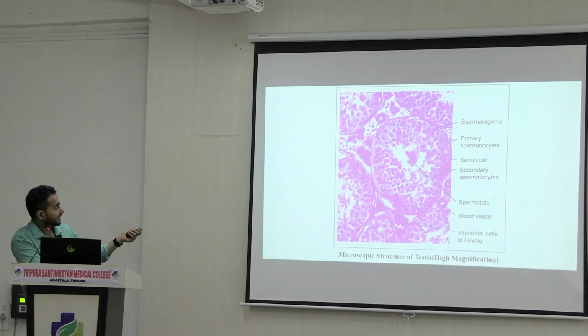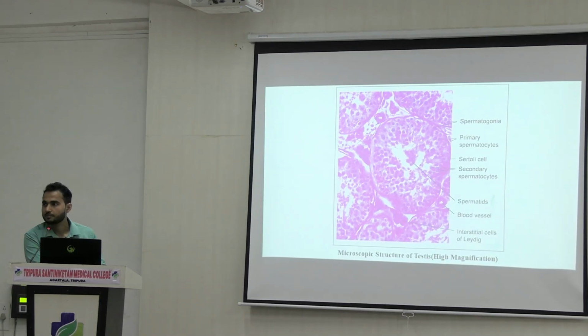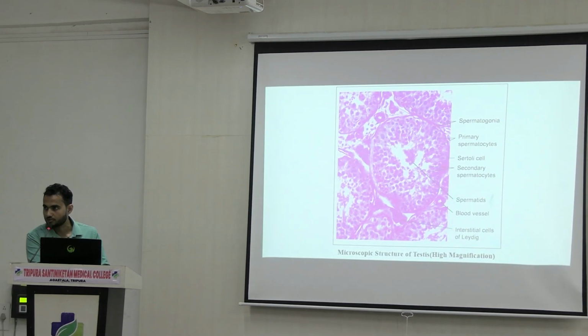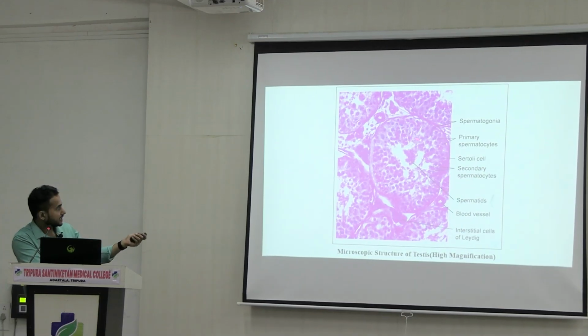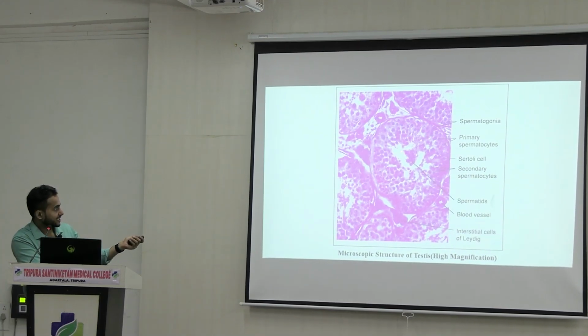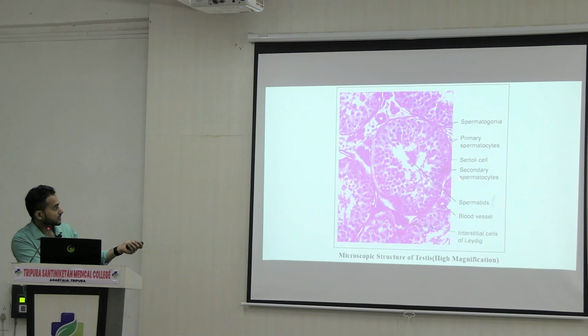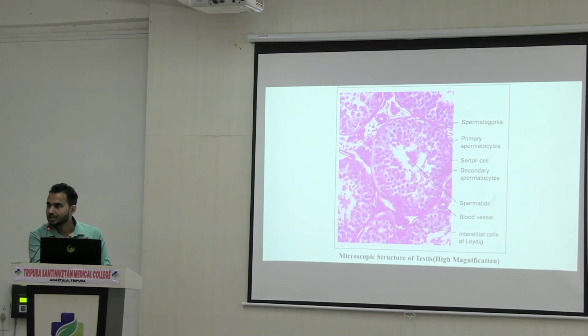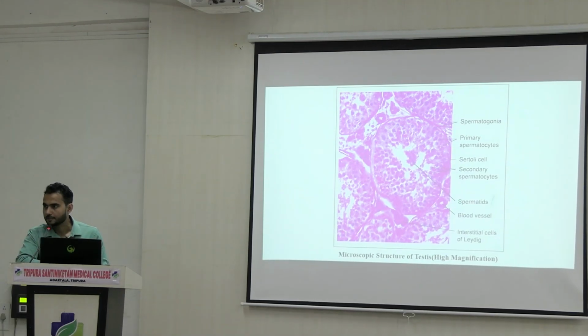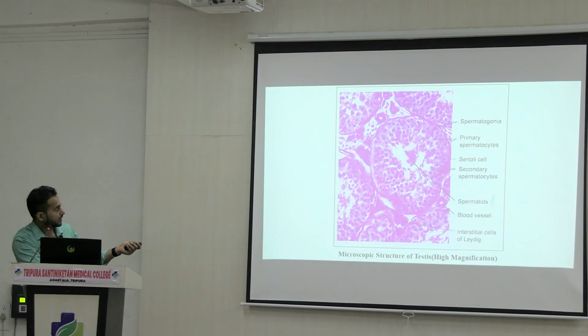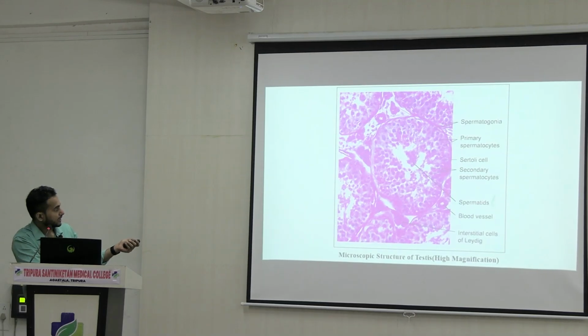In between, this particular area of connective tissue is called the lamina propria, which I have mentioned just now. If you see the interior, you can see different types of cells. First of all, you can see the Sertoli cell. As I said, Sertoli cells will be present at the basal part of the seminiferous tubule. Next, if you go from the basal part to the upper part towards the lumen, you can see different types of cells.